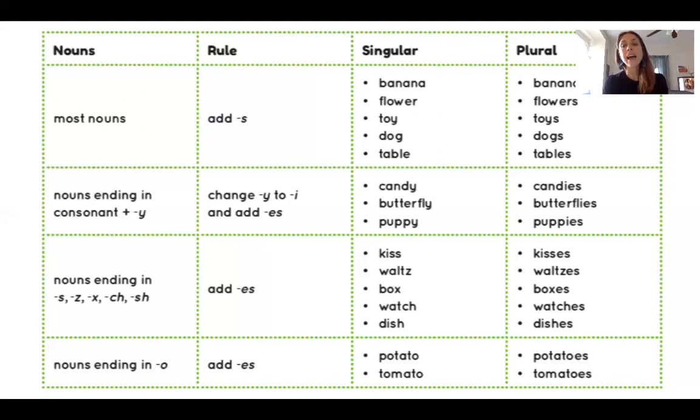You have to say S. So kisses, waltzes, boxes, watches, dishes. So we have to add that S sound. And nouns ending in O take an ES, like toes. Potato becomes potatoes, OES. Tomato becomes tomatoes, OES.